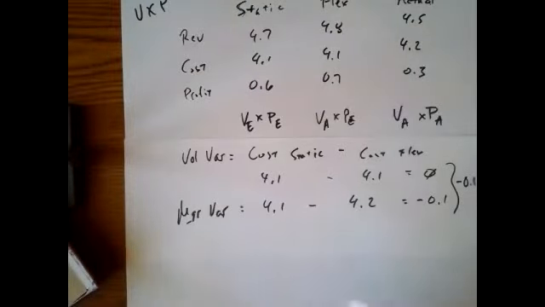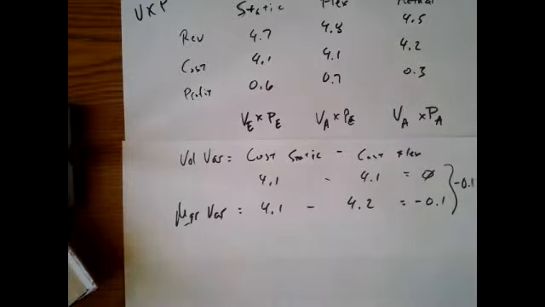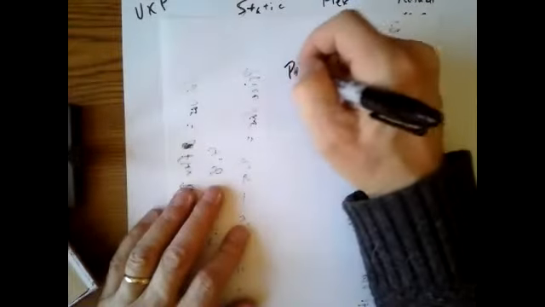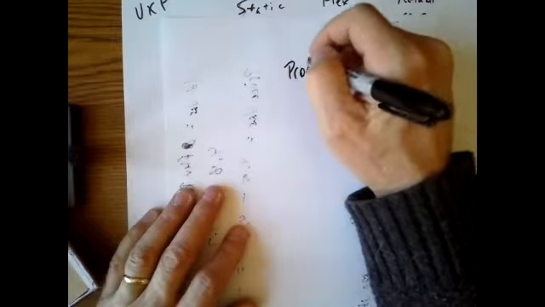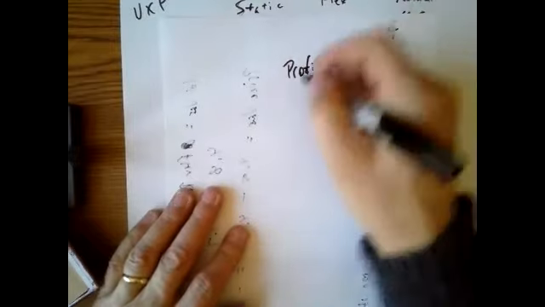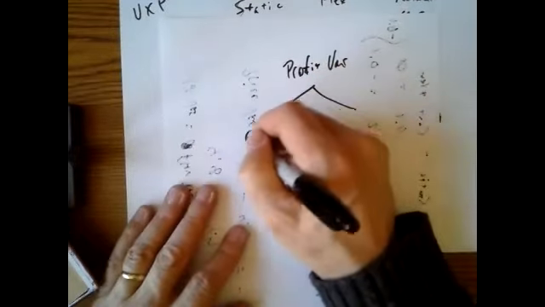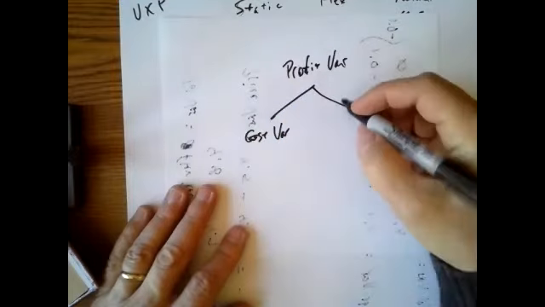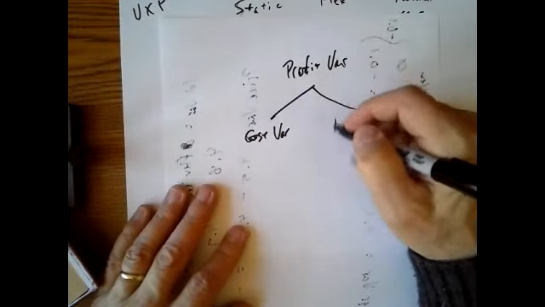All right. The last question basically asks you to summarize the variances. So we can start from the top. Profit variance breaks out into cost variance and revenue variance.